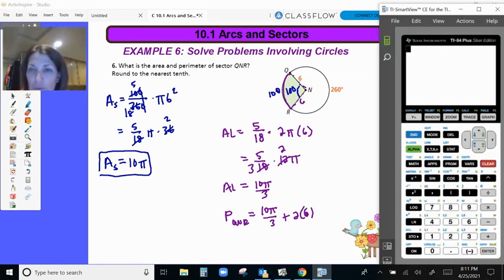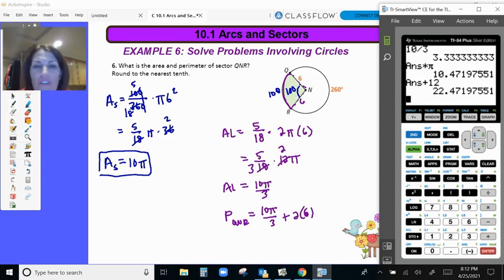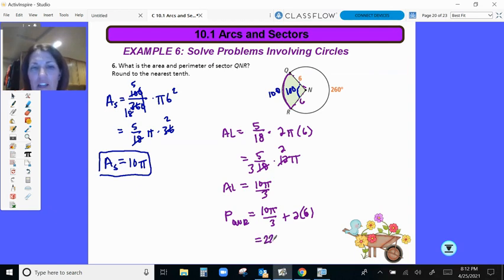We go 10 divided by 3, and then multiply that by pi. Then we add 12, because 2 times 6 is 12. And we get about 22.5. I should put approximately right there, 22.5 is my perimeter of QNR.